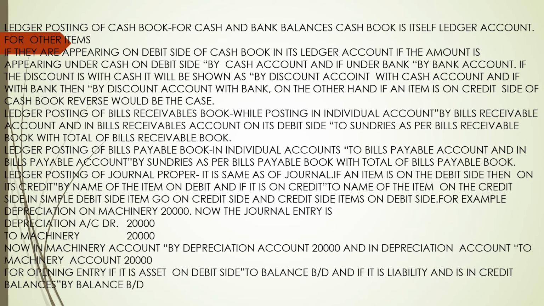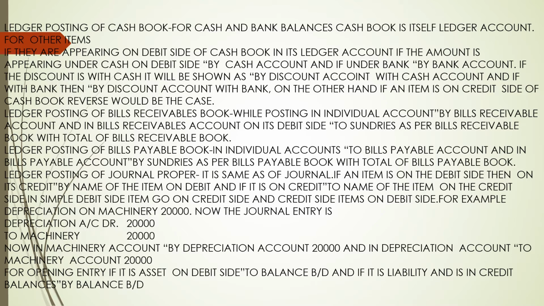Now we are starting with the ledger posting of cash book. For cash and bank balances, the cash book is itself the ledger account. For other items, if they appear on the debit side of the cash book, then in its ledger account, if the amount appears under cash on the debit side, write by cash account, and if under bank, by bank account.